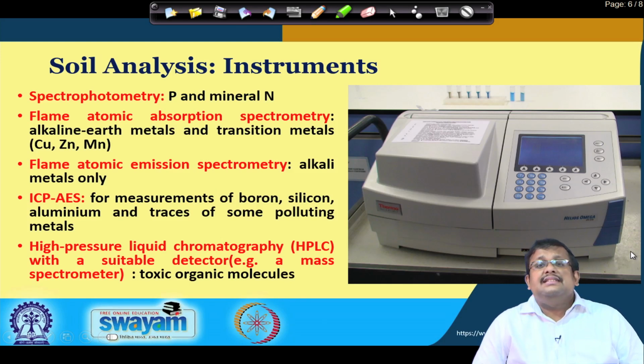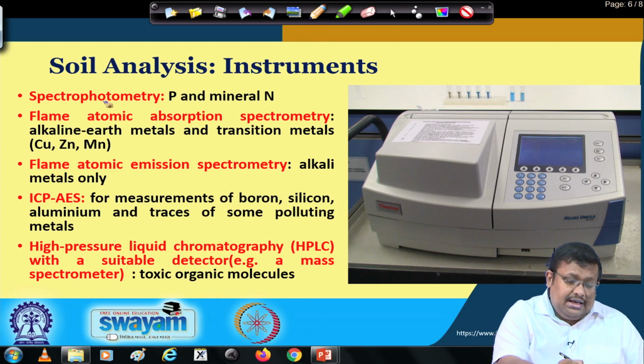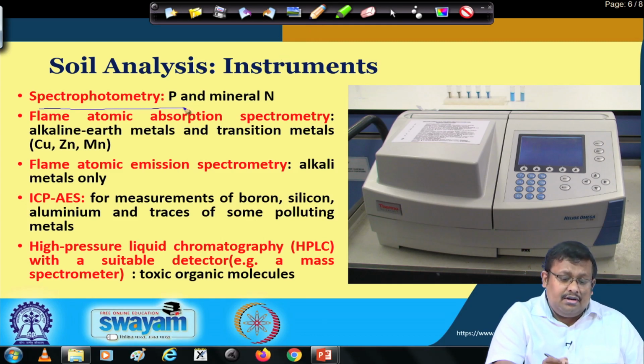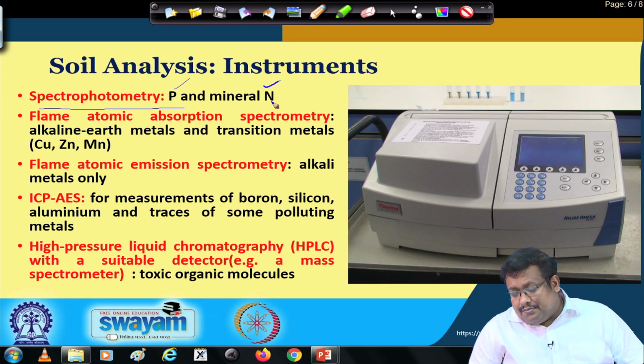Now, what are the general common instruments for measurement of different parameters in the soil? Spectrophotometry is a common method for determination of phosphorus and mineral nitrogen in the soils, and I have shown here a UV based spectrophotometer.